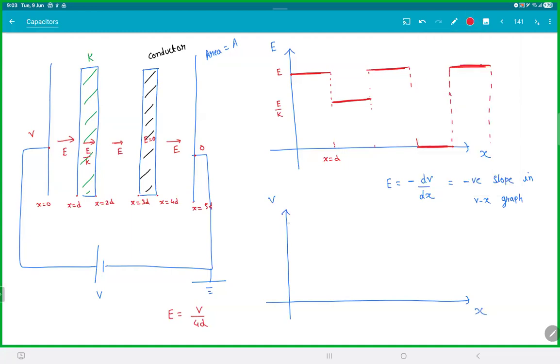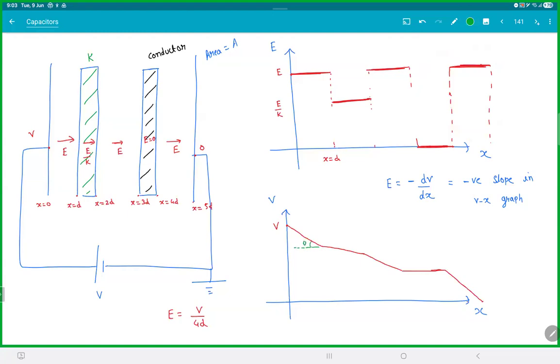Initially you're starting from 0. Initially the field was E, so you will be decreasing. Then the field decreases, meaning the slope decreases, so your graph becomes a little more flat. Then again it is E. Inside the conductor, potential becomes constant, so it'll be a constant line and then you'll decrease again. So this is how the graph looks.